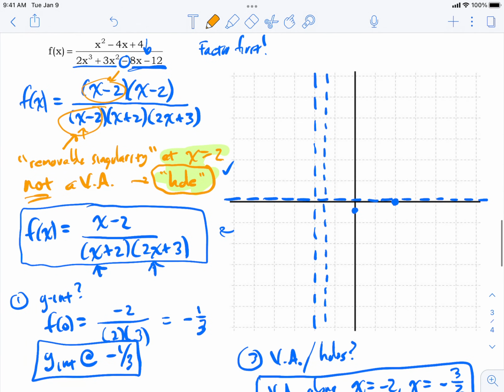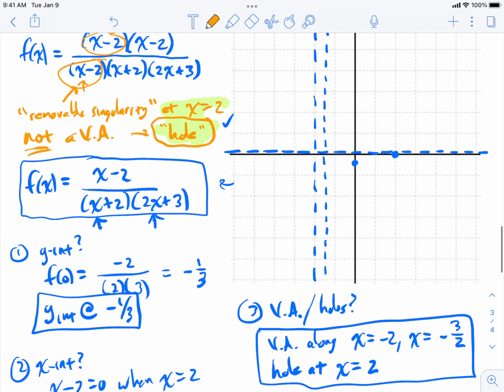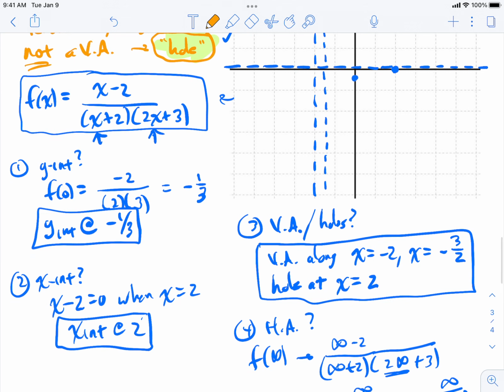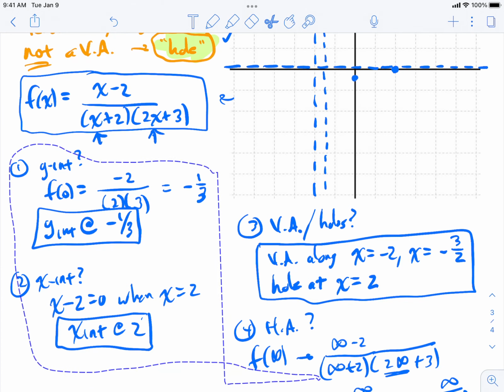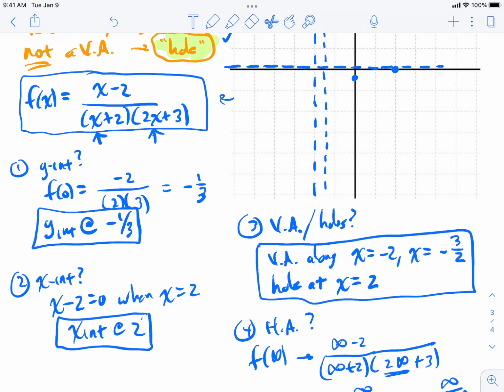So let me plug in, let me come over here. I'm going to shrink some stuff down. Okay, let's shrink all of this stuff down.